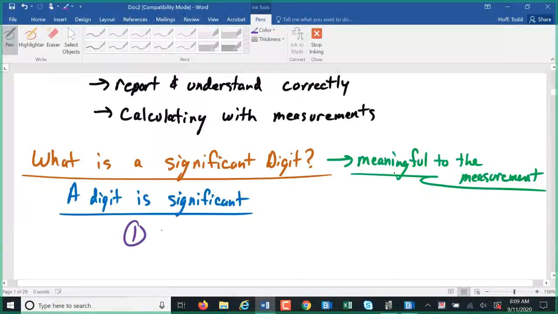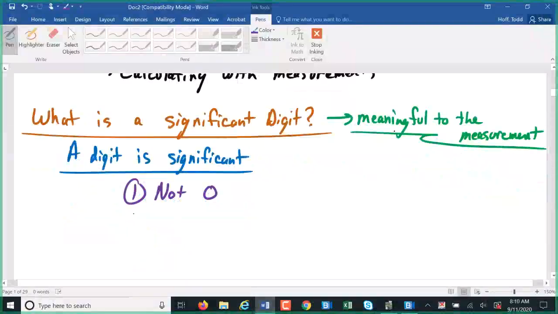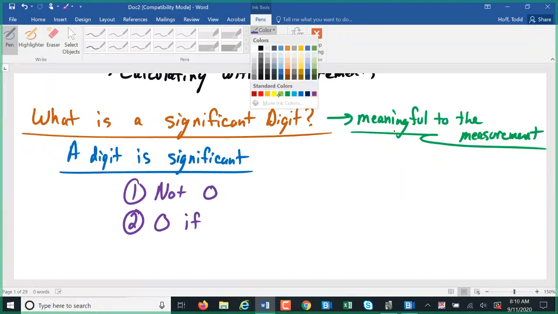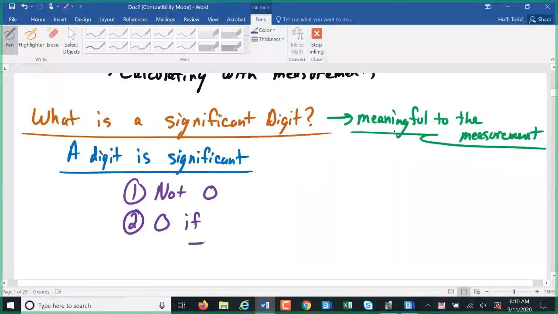one, it is not zero. Any digit that is not zero in a number, in a measurement, is a significant digit. Or a zero if it's between other significant digits.